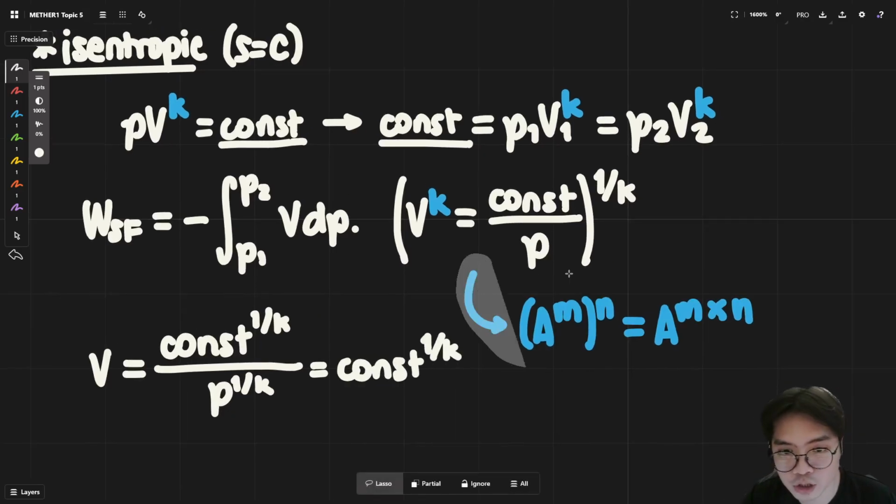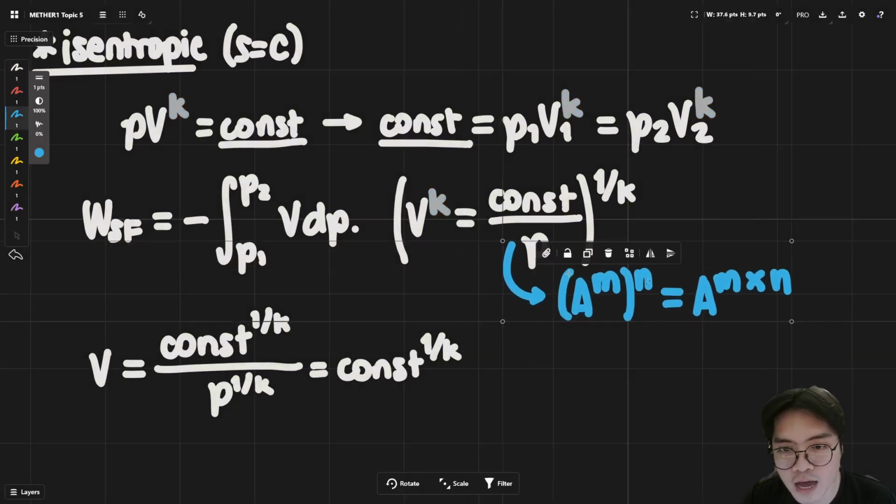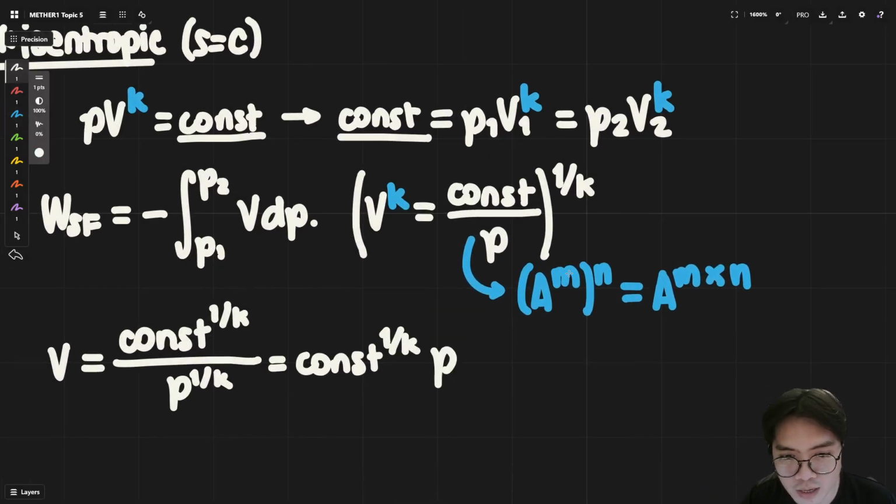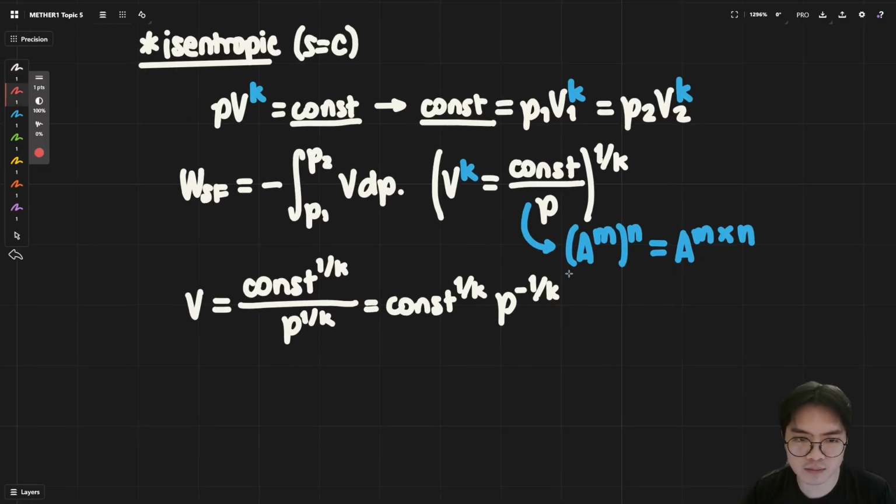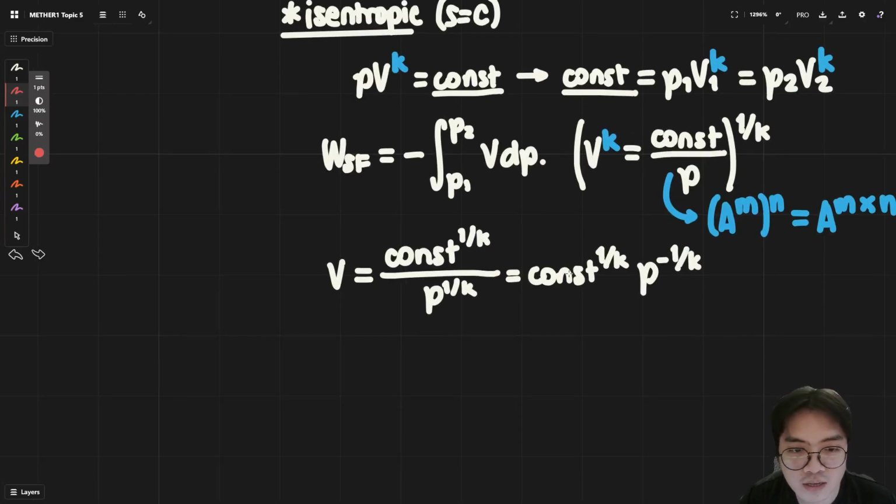In exchange, I will write P raised to negative 1 over K, because of the negative exponent, you can translate this back and forth. Why am I doing this? Because I want to put this value of V into this integral.